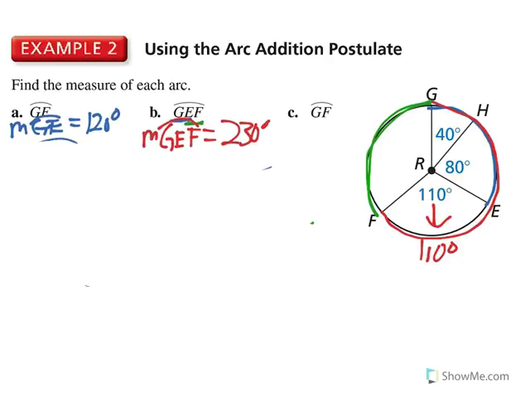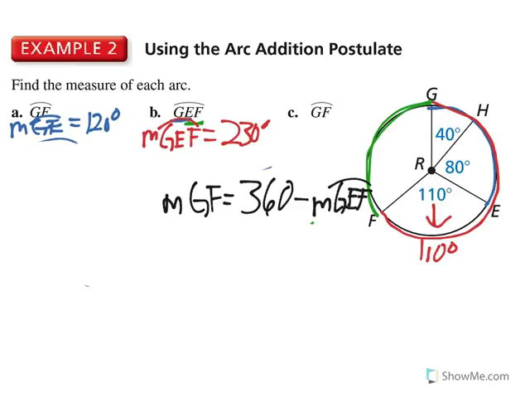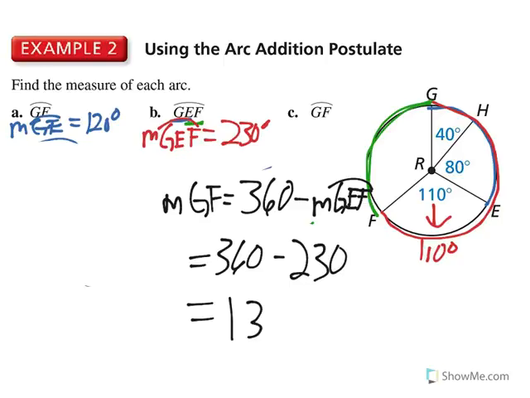So if I subtract the parts that I know, that whole GEF, from 360, then it leaves me with my leftover part. So 360 minus my 230 will give me 130 degrees. So the measure of GF is 130.